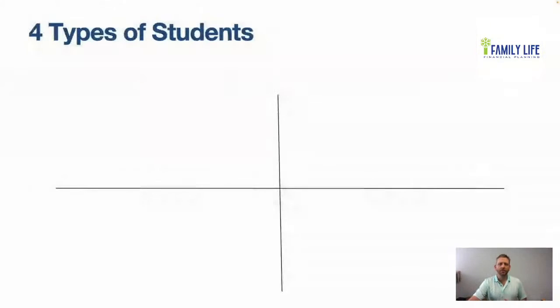I'm going to show you a slide that I've built that will help us categorize the 4 different kinds of students. Now, when we think about financial aid, there are 2 types of financial aid that schools give. They can either give needs-based aid, which means if you qualify for the school, they're then going to look at your financial need, see how much money you need, and give you aid based off of that.